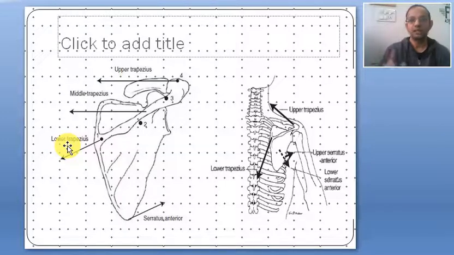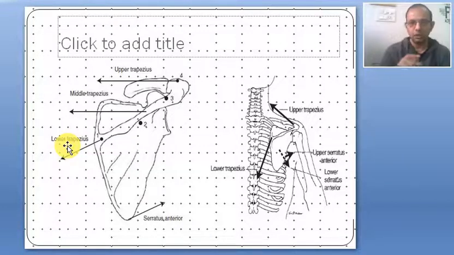So elevation and upward rotation of the scapula are the main functions of the upper trapezius. On the other hand, the middle trapezius is the main adductor of the scapula. So middle traps is not contributing to the upward rotation of the scapula, and lower traps is the depressor of the scapular bone, and at the same time they are helping in the upward rotation of the scapula.